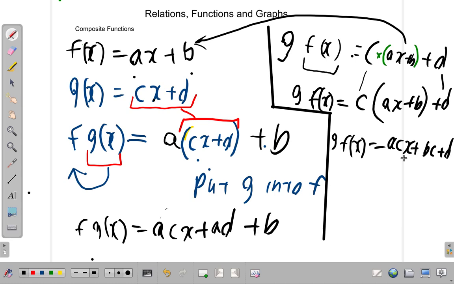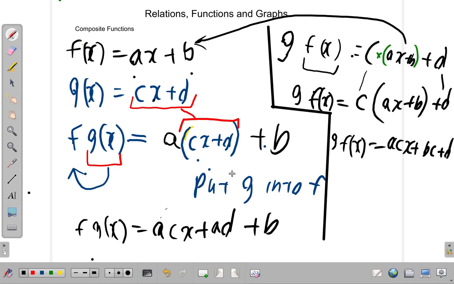So generally, that's what happens, right? That's what happens in general when we have two functions that we want to combine or to make a composite function, a function that is a composition of those two functions.